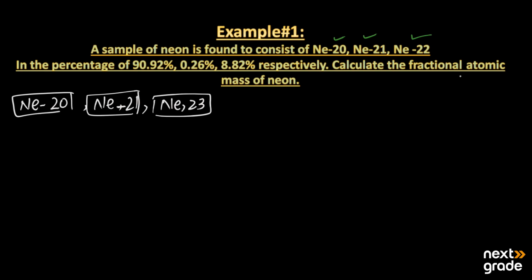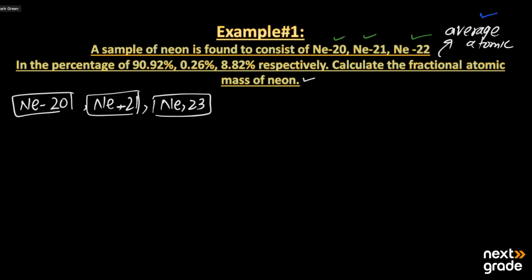We have to calculate the fractional atomic mass of neon, which we can also call the average atomic mass. So the question is simple: from the relative abundance of the isotopes we have to find the average atomic mass.